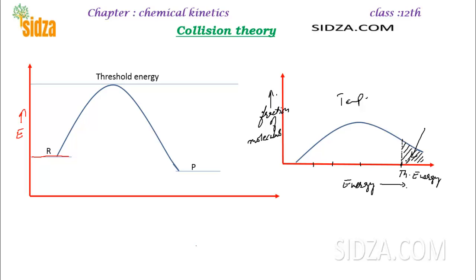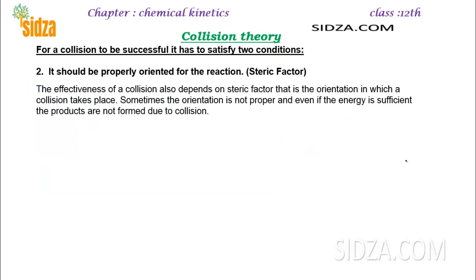So the first point, according to collision theory, is that the first condition for the reactant molecules to form the product is that they should have energy equal to the threshold energy. That minimum amount of energy is called the threshold energy. The second factor that the reactant molecules must satisfy is that they should have a proper orientation.